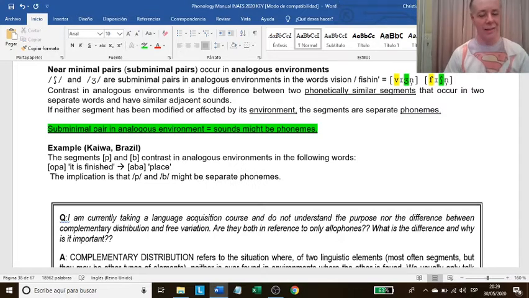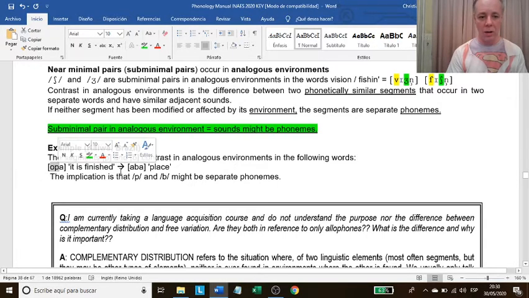Might be separate phonemes. Okay, that is more accurate. If I say they are separate phonemes, who knows? Is it the A or the O the ones that make the difference? The O, or is it the B and the P? The textbook says the B and the P, but who knows?